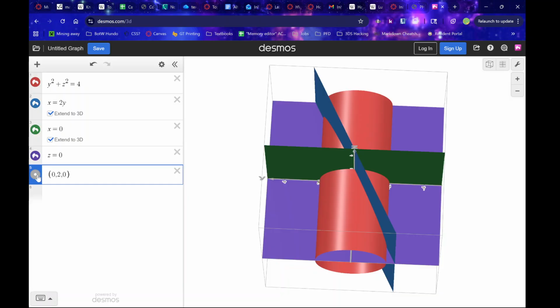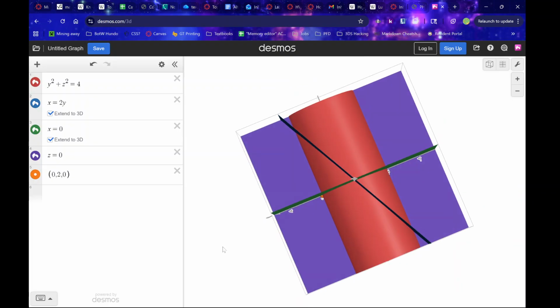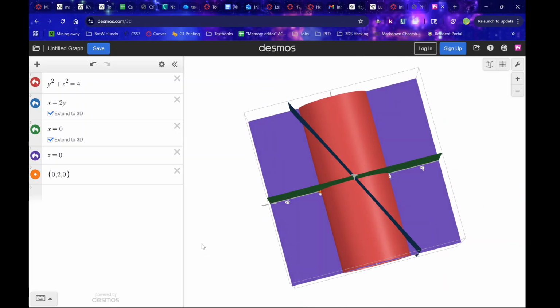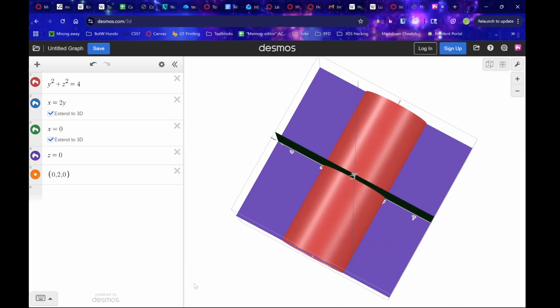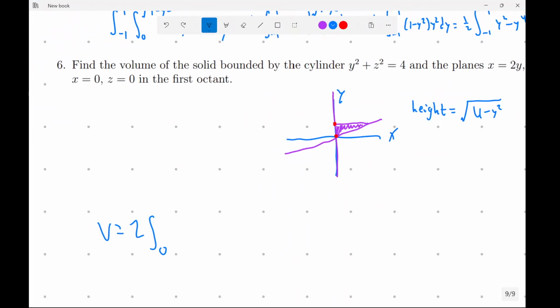It's gray right now, so it's not very easy to see, but I can make it orange. So you can see this orange point I put right there. That's where the cylinder intersects with my purple plane, and so that's going to be my maximum value for y. So maximum value for y is 2.